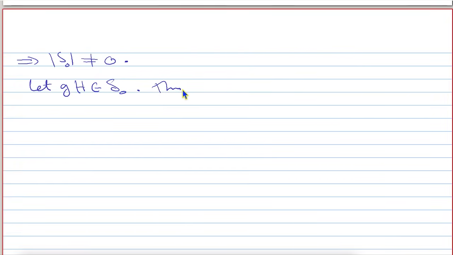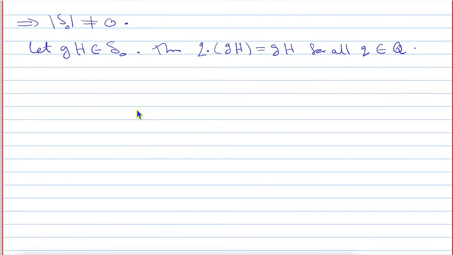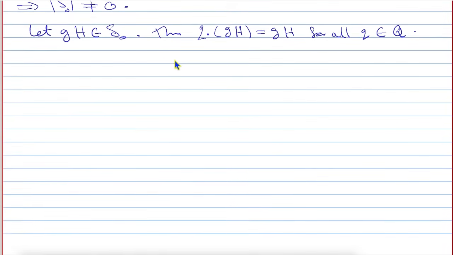Then by the definition of S naught, we have q dot gH equal gH for all little q in Q, okay? Now the action of Q gives us the following. This is by the definition of the action.